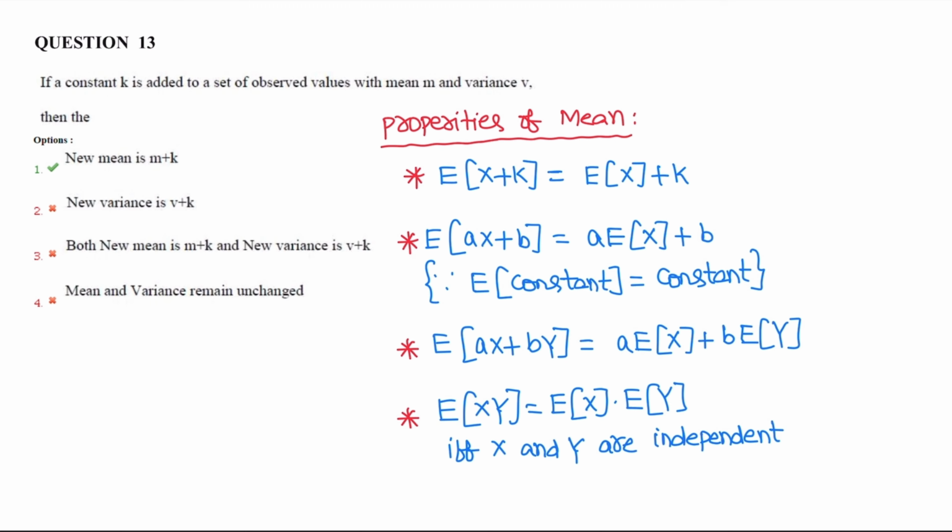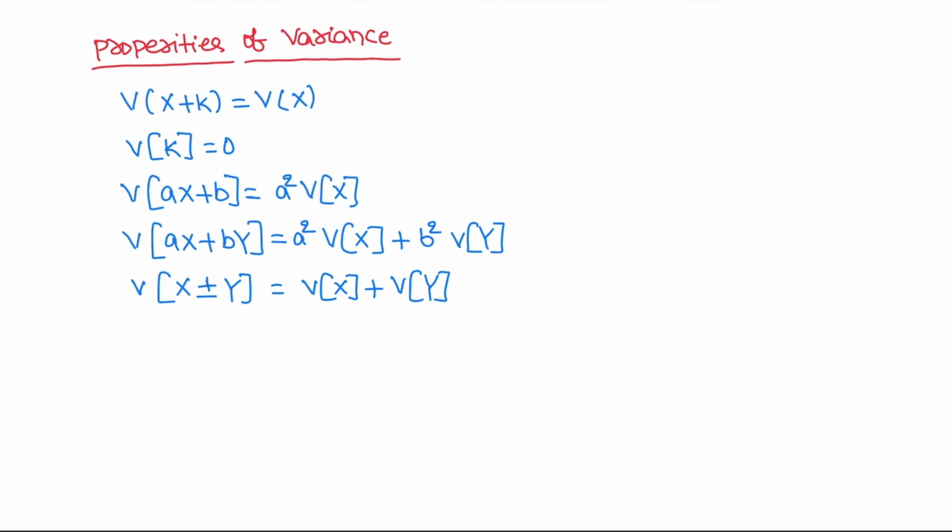If constant k is added to the set of observed values with mean m and variance v, the new mean is mean plus k, and the new variance is variance itself. So it is not variance plus k, it is variance itself, because variance of a constant is 0. If a constant is added, mean changes, variance is unchanged.